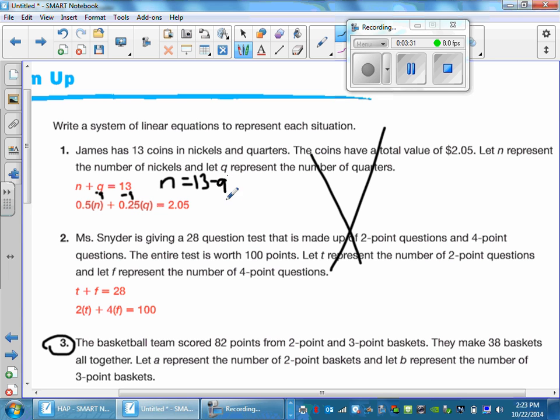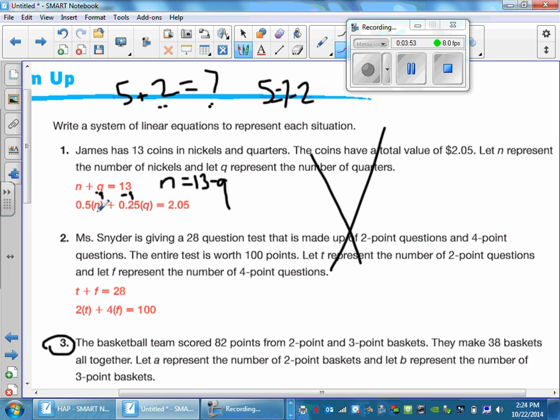This is the same thing as if I said 5 plus 2 equals 7. If I subtract 2 from both sides, then I could say 5 equals 7 minus 2. So we're just letting n equal 13 minus q.